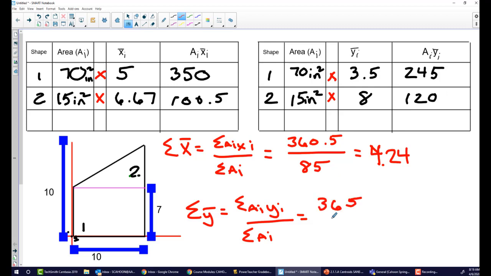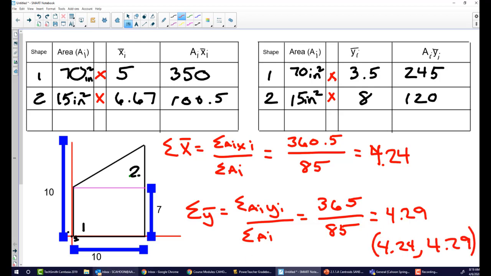The sum of our areas stays the same, so that's going to be 85. And 365 divided by 85 is 4.29. Okay, so our new coordinates are 4.24 and 4.29.